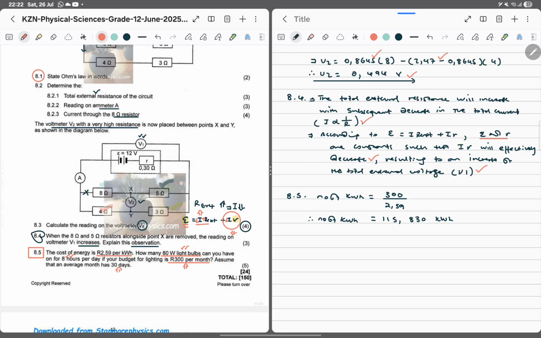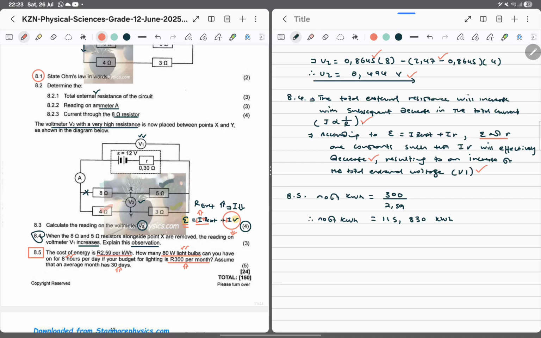Now we need to convert that to hours. Okay, maybe kilowatt to watt and hours.